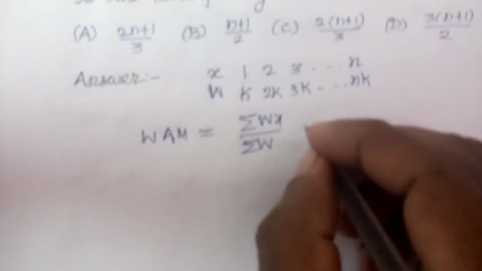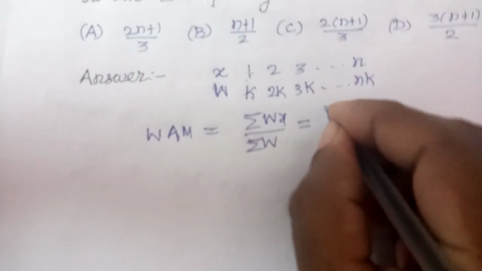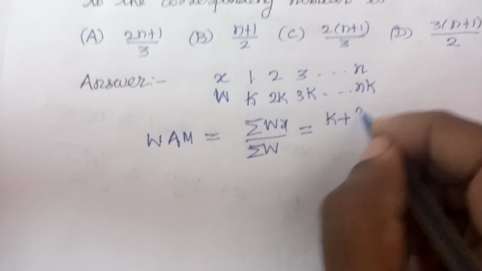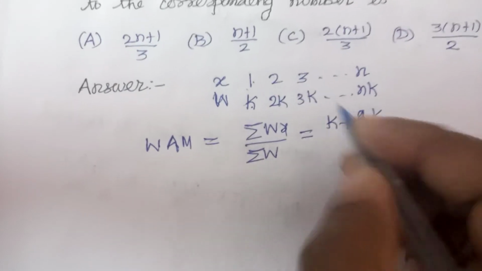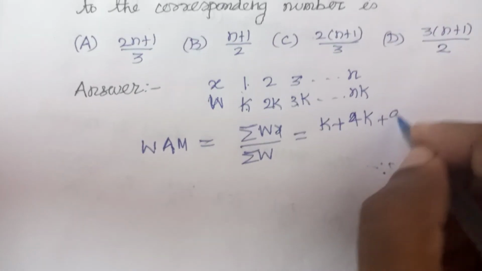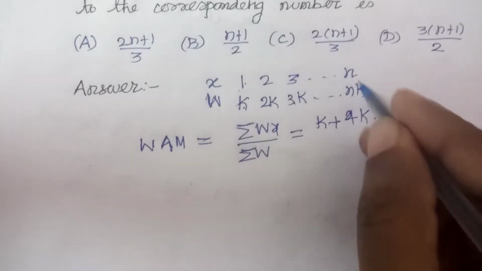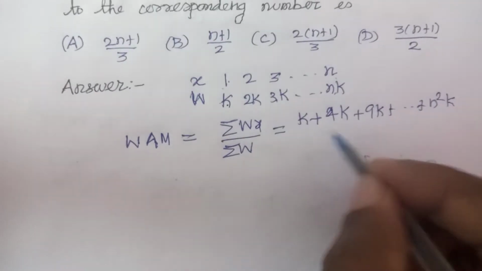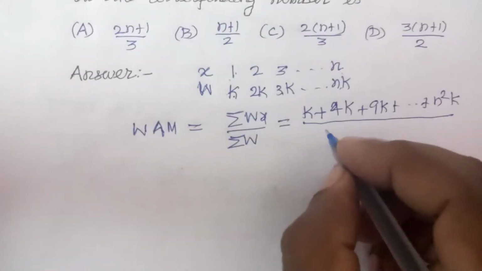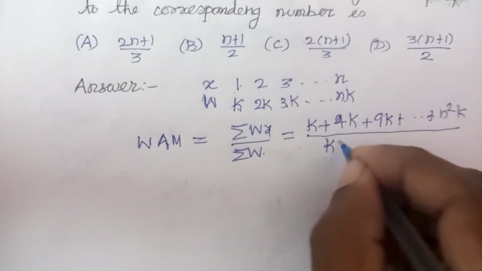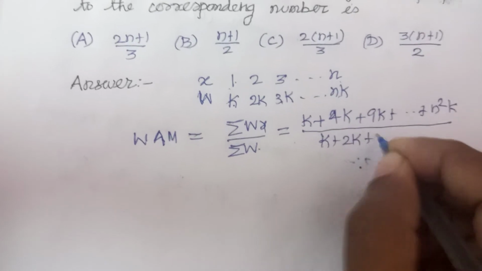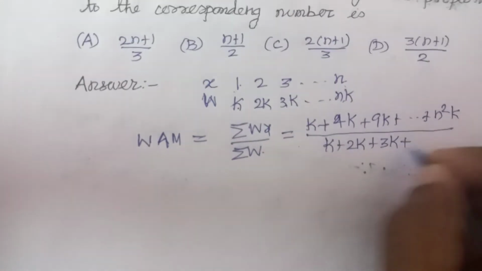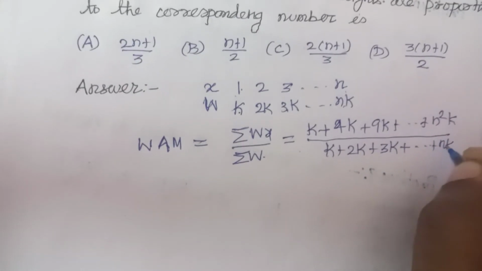Summation w x is equal to 1 into k plus 2 into 2k, 4k, plus 3 into 3k, 9k, plus etc., n into nk, n square k, divided by summation of w: k plus 2k plus 3k plus etc. plus nk.